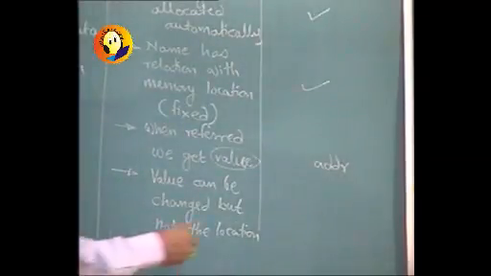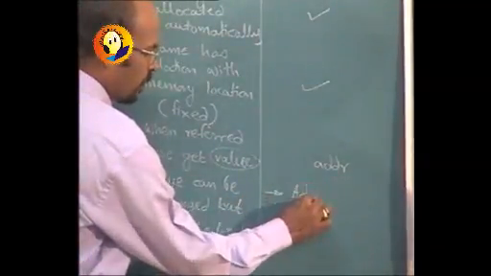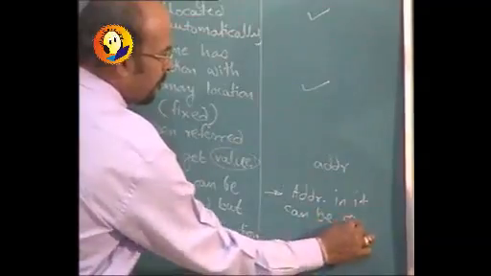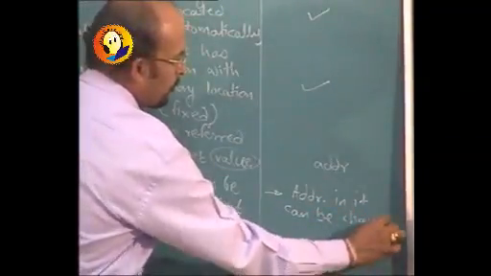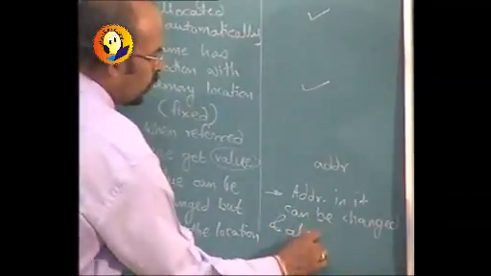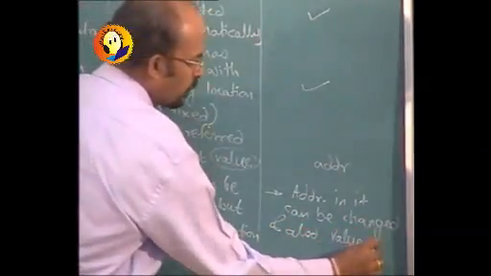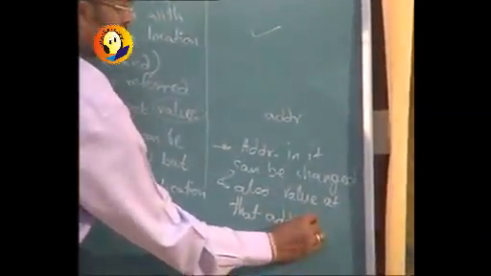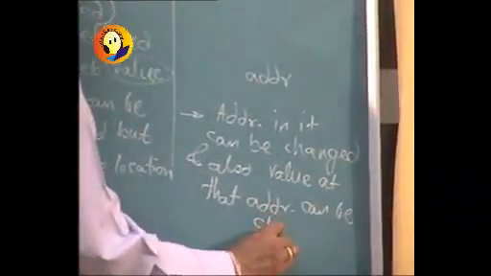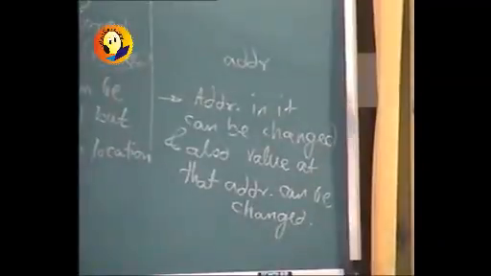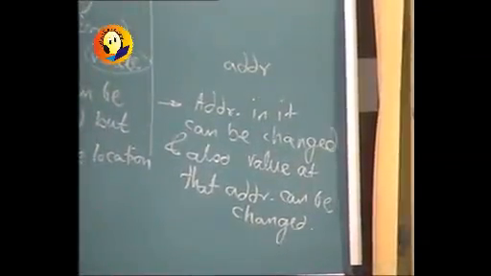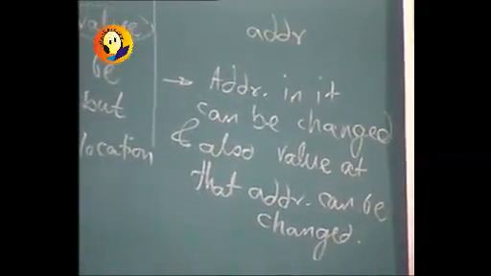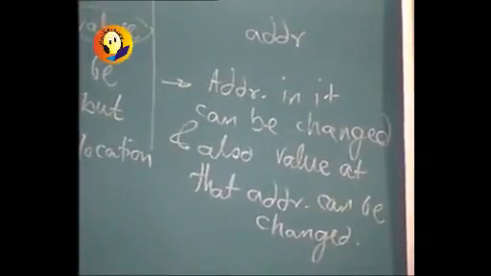So again, address in it can be changed, and also value at that location, value at that address can be changed. You can change the address which is stored in the pointer, because it is a variable. Using that address, you can go to that memory location which is pointed, and you can change this value also. Both the things are possible.